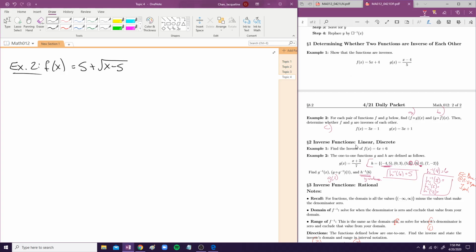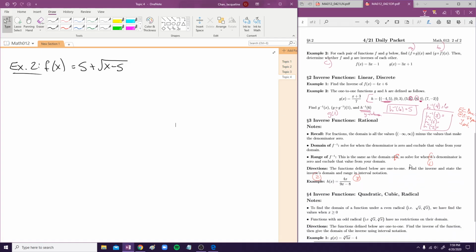When it comes to linear, as long as it's not rational or anything, the domain and range of a linear function is always all real numbers, because this is linear. So for example, it's like y equals x. It's a line, right? So domain will always be all real numbers, and range will always be all real numbers. So it's not really interesting, and I think that's why they didn't look for the domain and range.